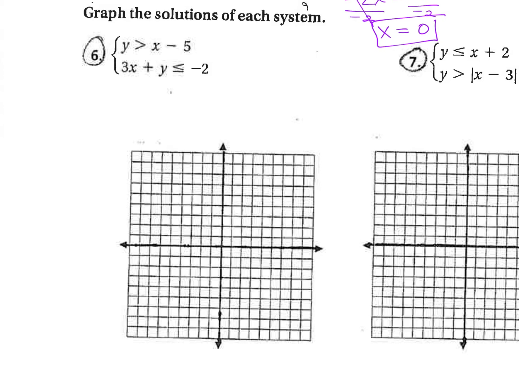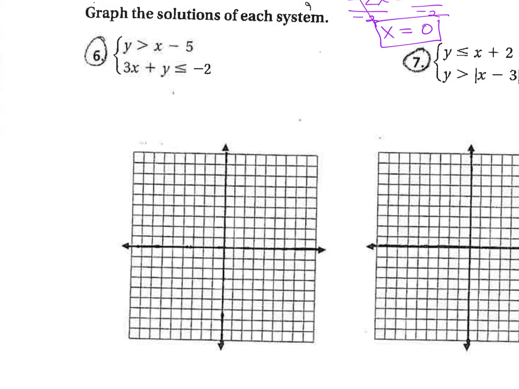These are so fun. Okay, this top one, we're gonna treat it like we're graphing an equation, y equals x minus 5. So if this is y equals x minus 5, where do I go first? Down 5. 1, 2, 3, 4, 5. Maybe you wanna make a little note to yourself.